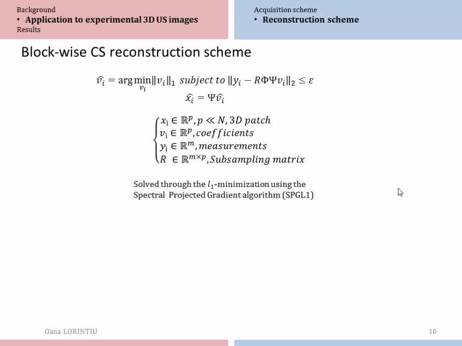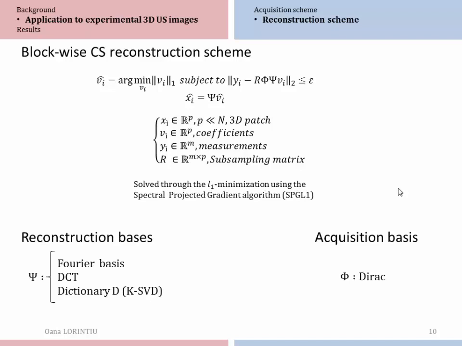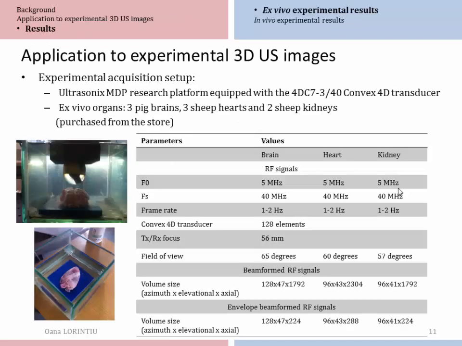This is solved through L1 minimization using a spectral projected gradient algorithm. The reconstruction basis is of course the dictionary D that we learned from the 3D ultrasound, and then we compare this dictionary to the DCT and the Fourier basis. And again, since we're using a classical acquisition system, the acquisition basis is the direct basis.